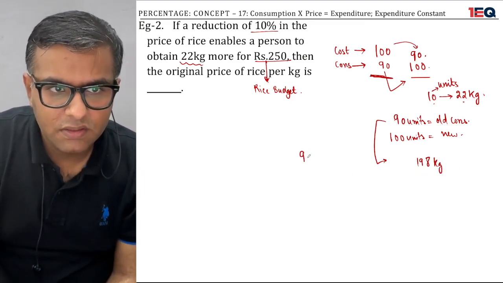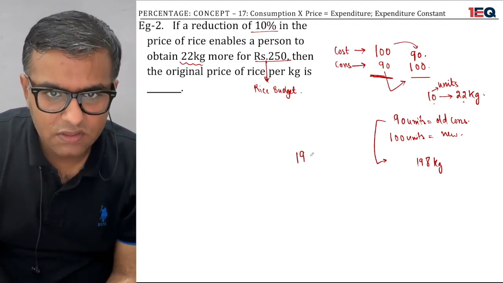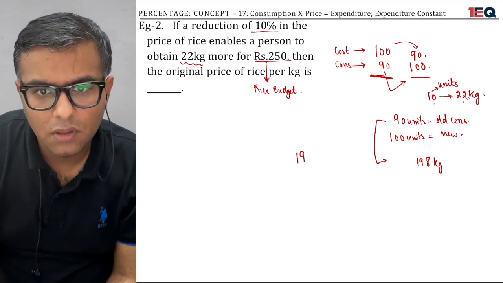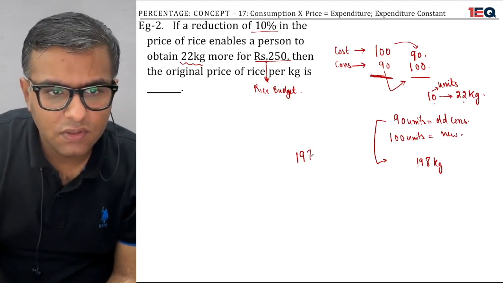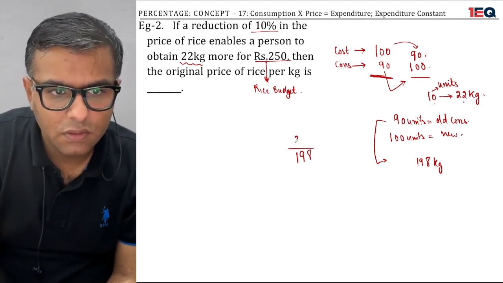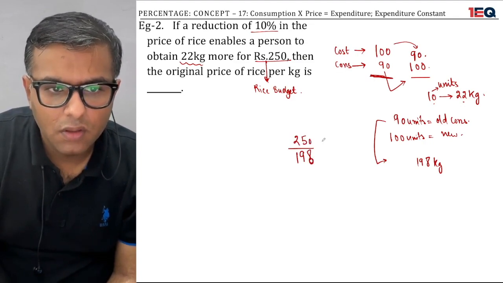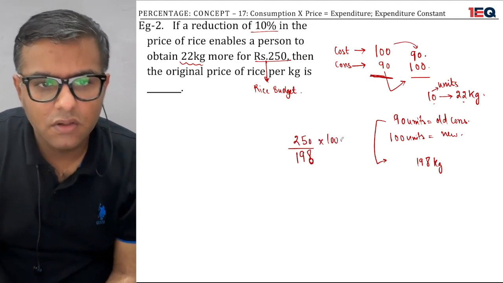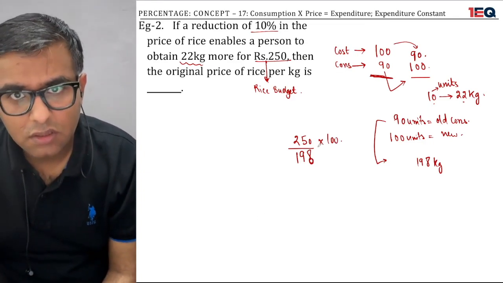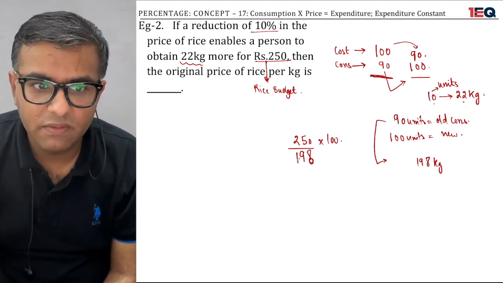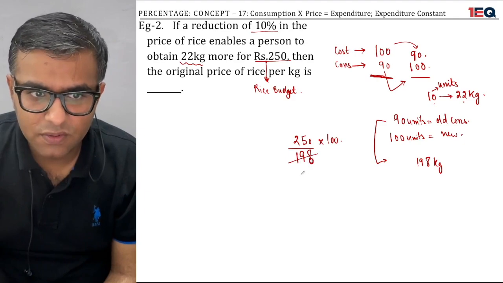The total price which was being quoted during those days was 250 rupees. This multiplied by 100 would give me the result. I'm considering this to be 200.